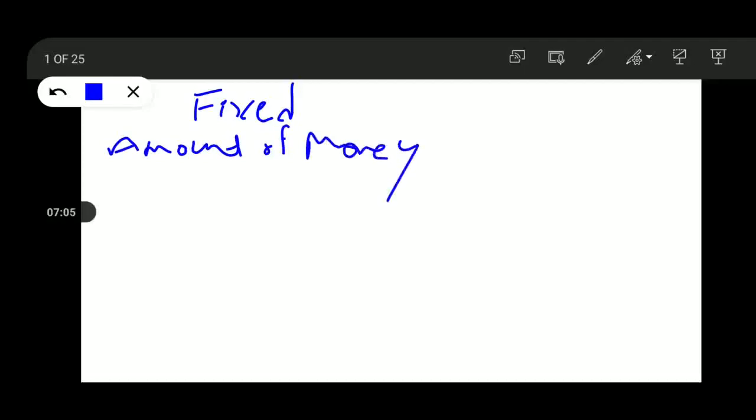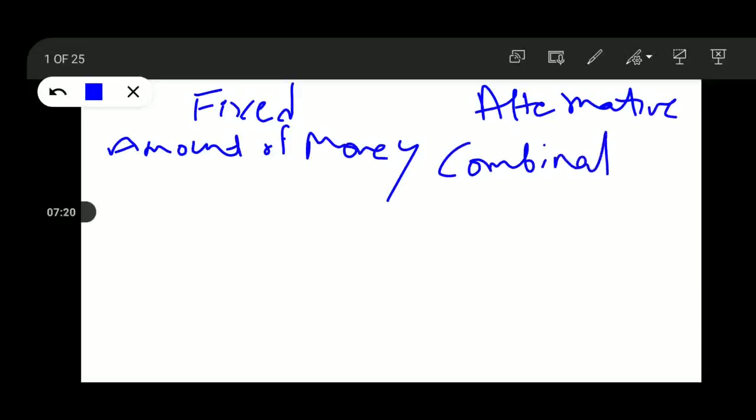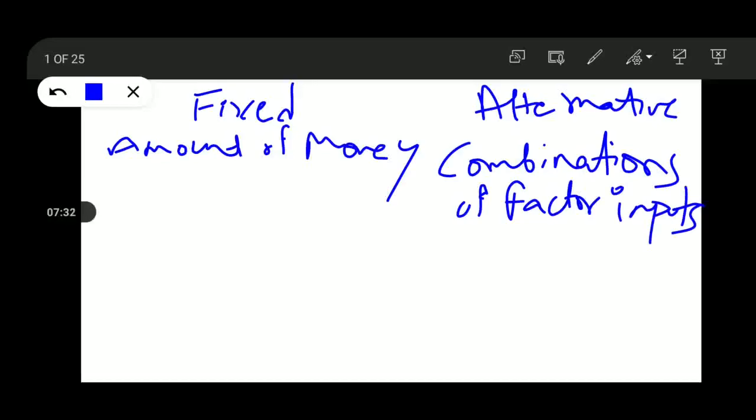Here you have to observe the statement: fixed amount of money, alternative combinations of factor inputs.